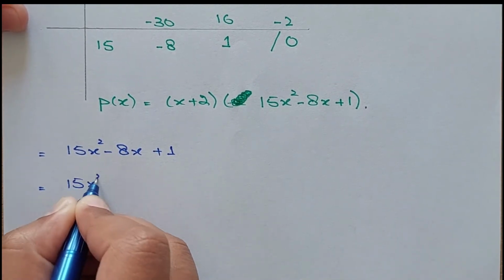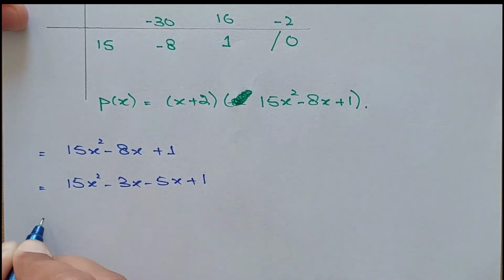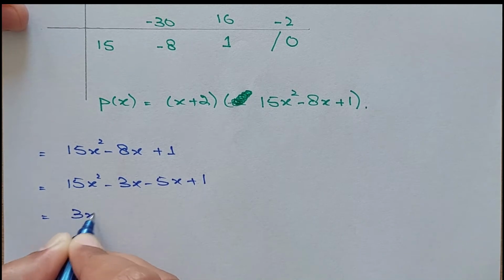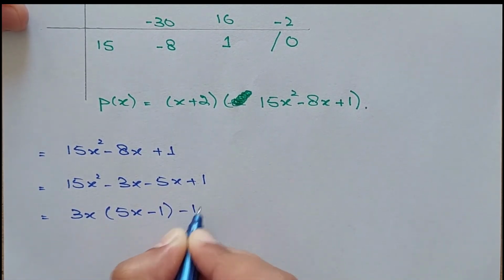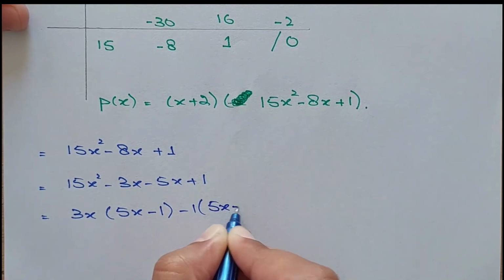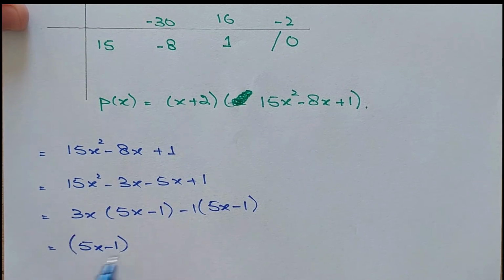Yes, so 15x squared minus 3x minus 5x plus 1. Taking 3x common: 3x times 5x minus 1. Taking minus 1 common: minus 1 times 5x minus 1. So the factors are 5x minus 1 and 3x minus 1, right?